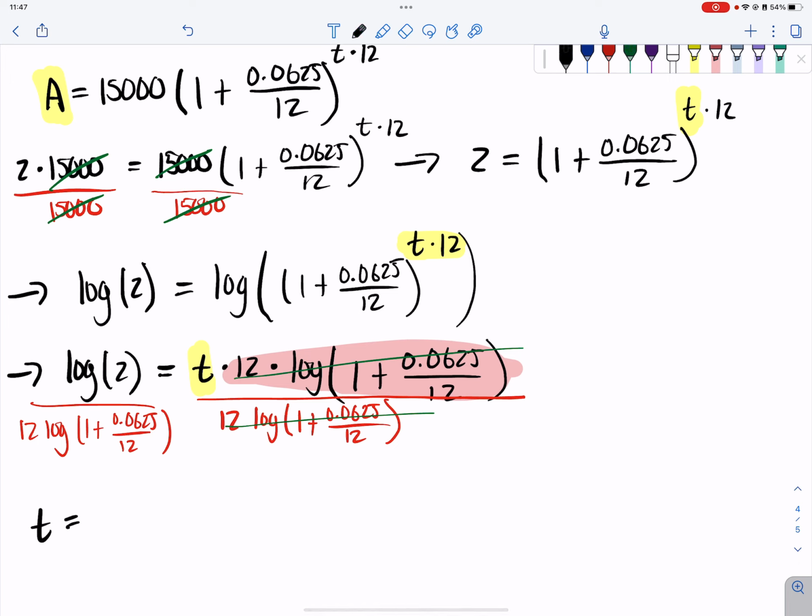So we have that t is now equal to log of 2 over 12 log of 1 plus the 0.0625 over 12.